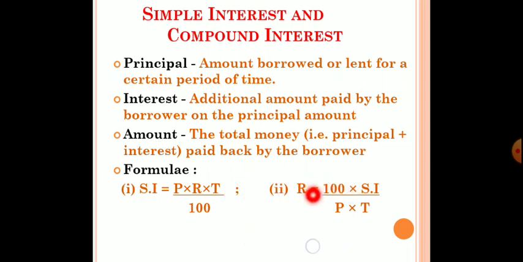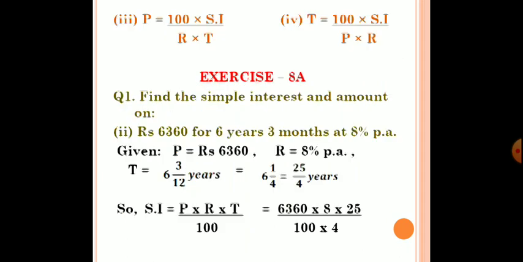If you want to find the rate of interest, we can write it as 100 into simple interest divided by P into T. Again, to find the principal, we write 100 into simple interest divided by R into T. And to find the time, we write 100 into SI divided by P into R.